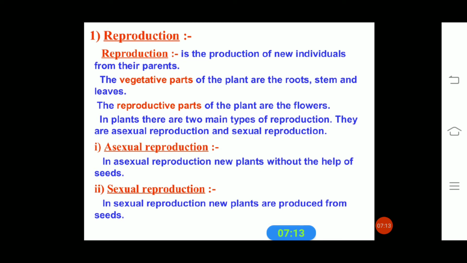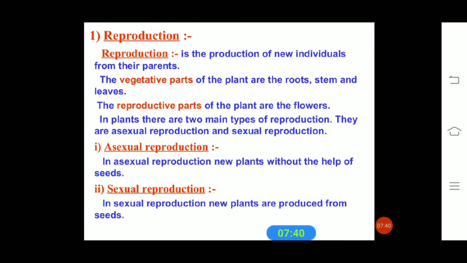Just understand that in sexual reproduction, new plants are produced from seeds, and it involves both female and male gametes. But in asexual reproduction, the new plants are produced without the help of seeds, meaning there are no male and female gametes.